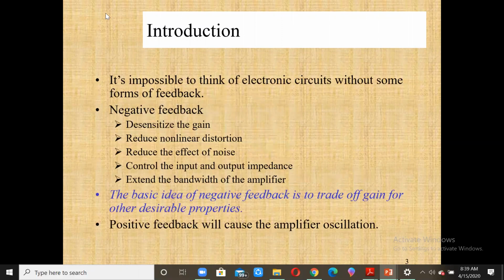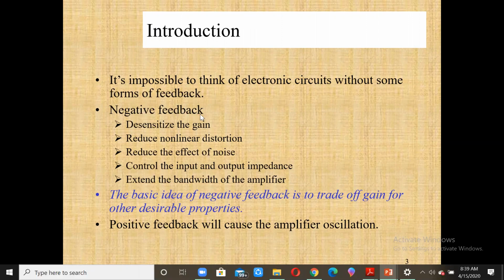First we see that there are no electronic circuits where feedback is not present. Feedback is present in all types of electronic circuits.